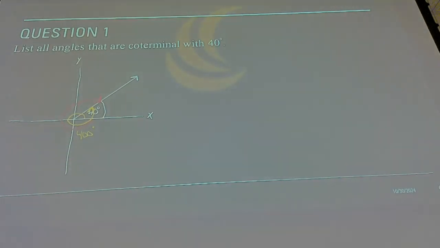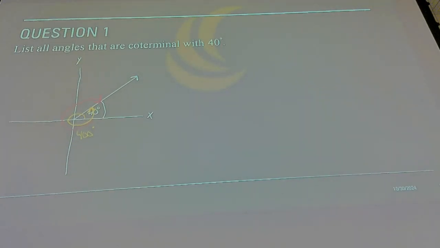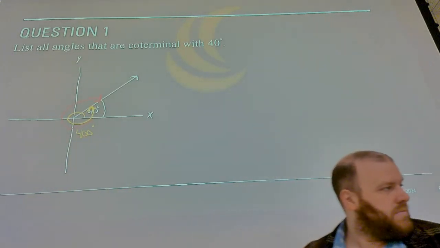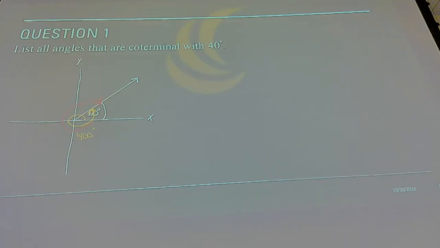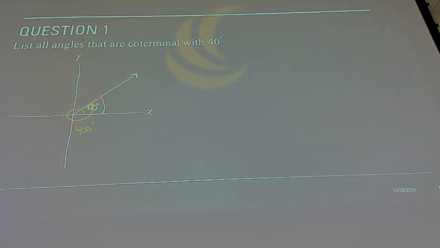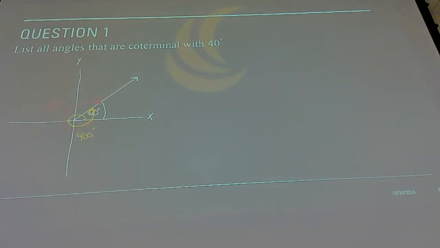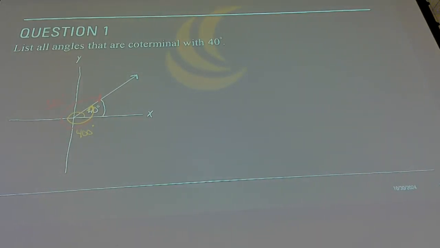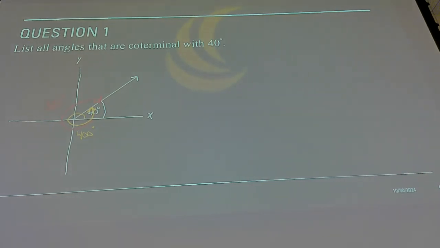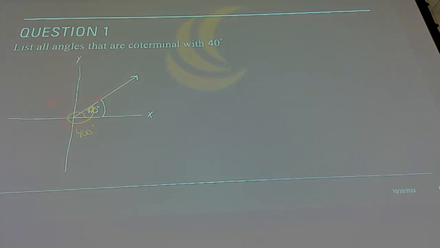How did you get it? Still did one full revolution, right? But in the clockwise direction. But again, why stop at one full revolution? You do 16 full revolutions clockwise and it'd be the same terminal side.